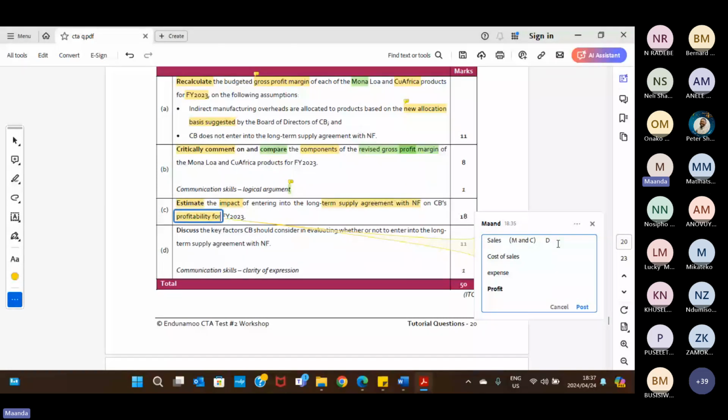Because now if I already have this profit, which is M and C, and you are saying, say I'm producing 10 units of M, and we are now going to take 5 of D, but you need to let go of 5 of M so that you remain with only 5 of M. So this means that the first impact on this profit is that I need to take out the 5 that I'm not going to produce anymore.